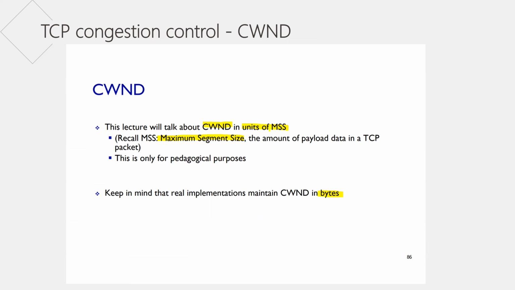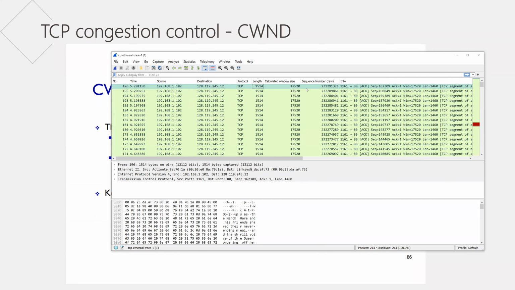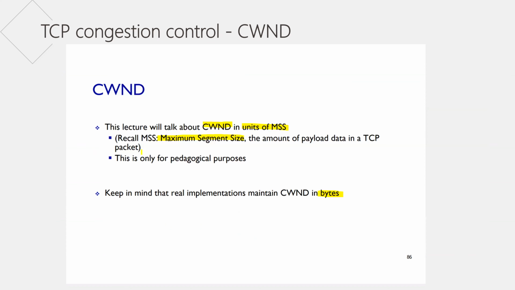We call it MSS. So what does this mean? It says that this window size number is always a multiple of the packet size. Does this make sense? Not the average, the maximum segment size.